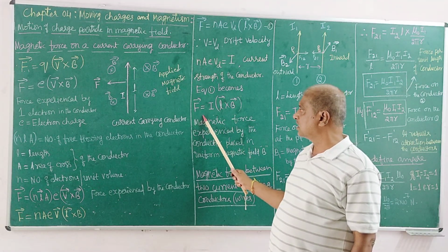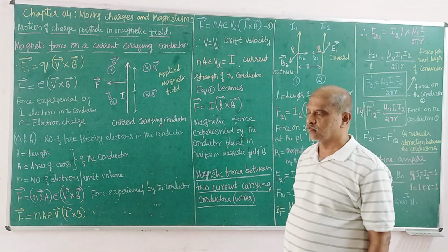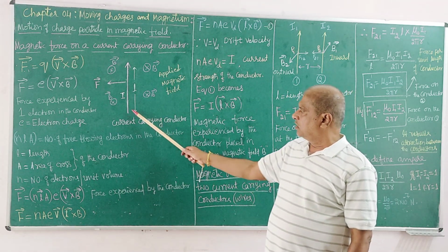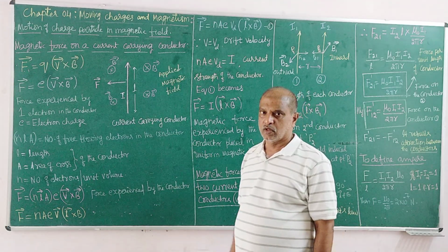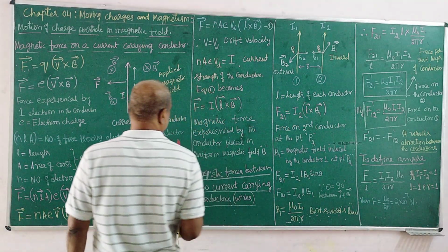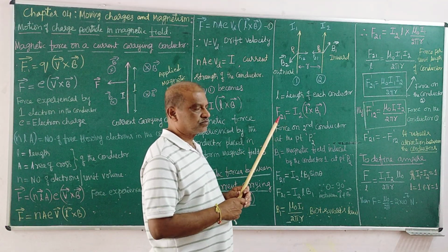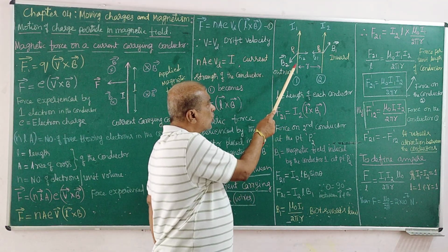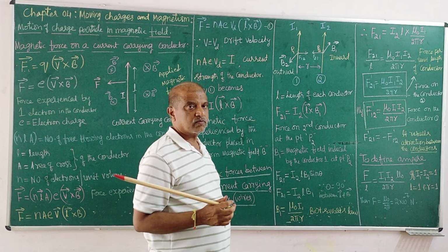Equation for only a single conductor which is placed in the magnetic field like this. Here we have a conductor and applied magnetic field. And in the next one, here the diagram says there are two conductors and no applied magnetic field.